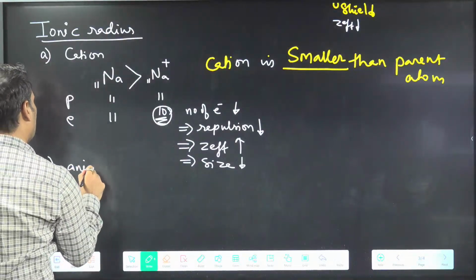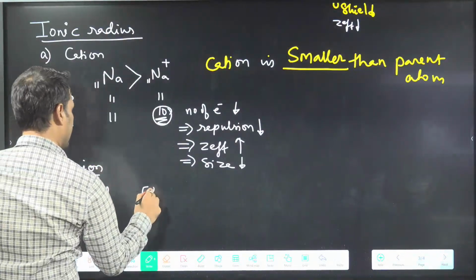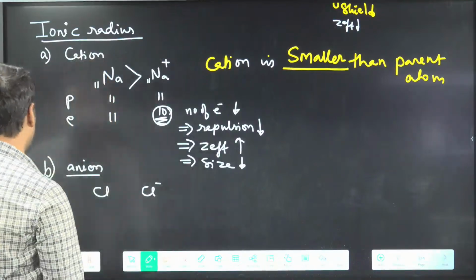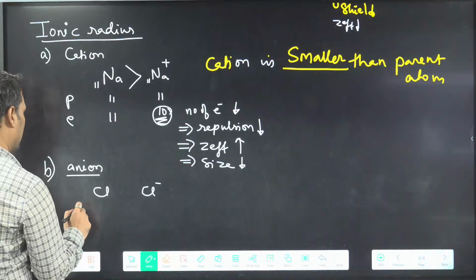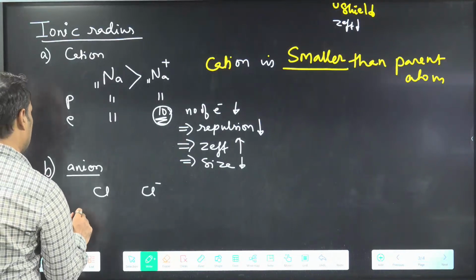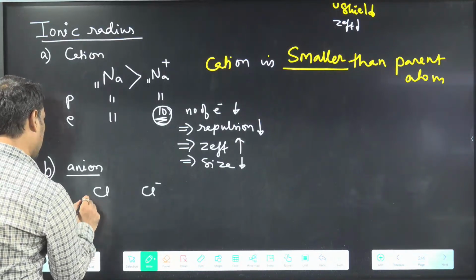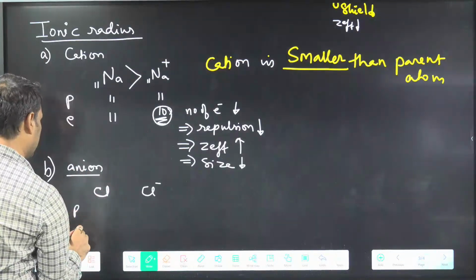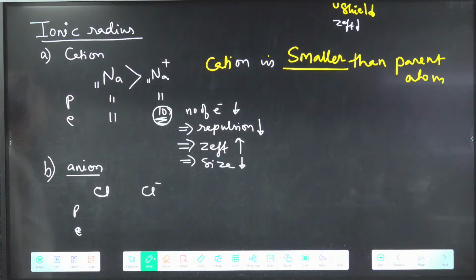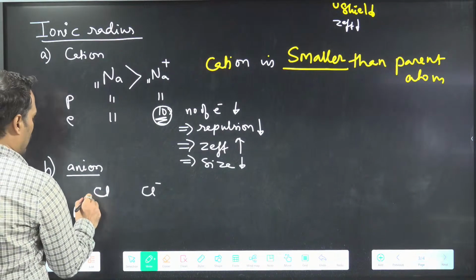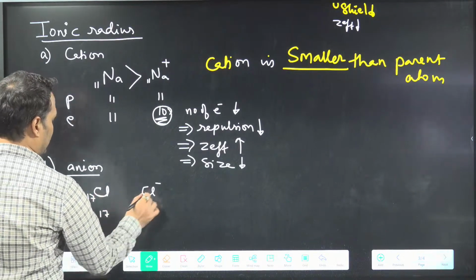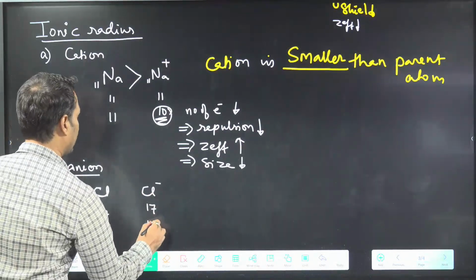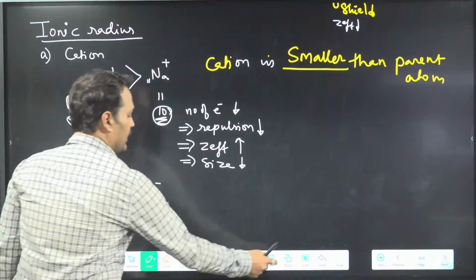Now we are talking about anion. Now you tell me, Cl or Cl minus, who is big? Cl minus. Let's talk about the protons. How many protons? 17. Here also 17. Electrons are 17 here, but here it is 18.